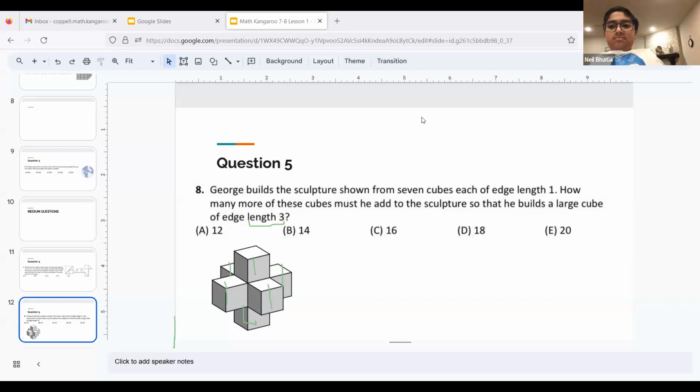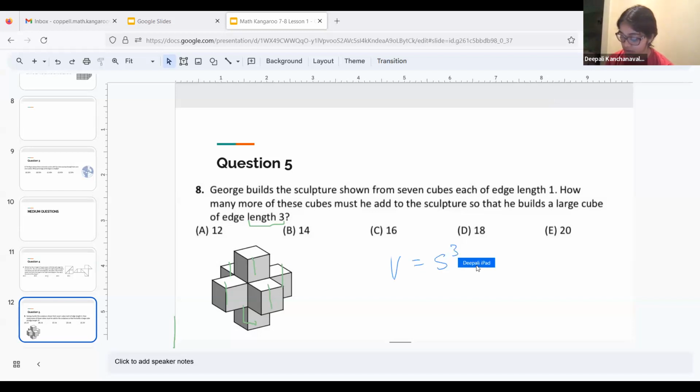If one side is 3, then how do you find the volume of the cube? So remember, the volume of a cube is you take the side and you cube it. It's just the length times the width times the height. So the volume equals side cubed. And we know that the side is 3, so what's the volume?